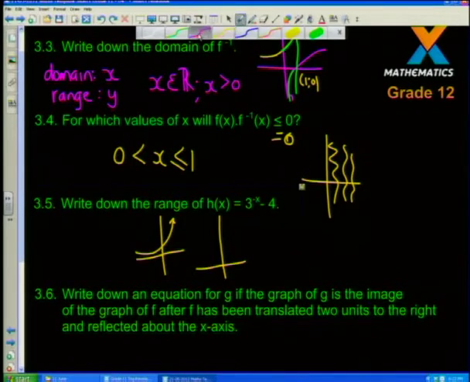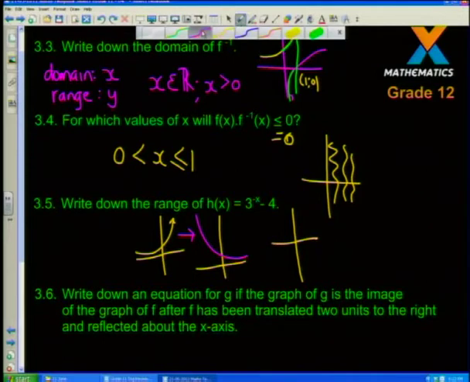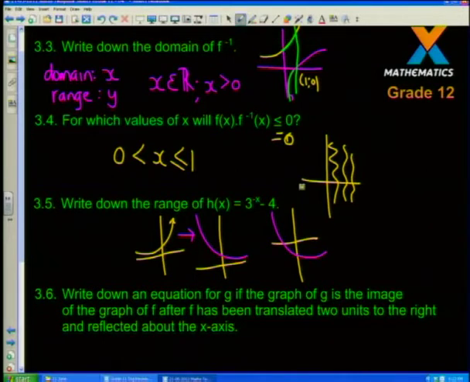Well, we know that the minus x actually reflects it in the y-axis. Then if we take 3 to the minus x and subtract 4, it's just going to take that same graph and drop it down by 4 units. So where this one was cutting at 1, this one is going to cut at minus 3.